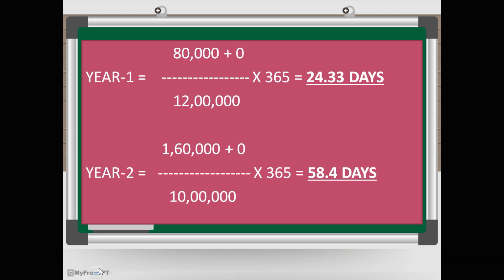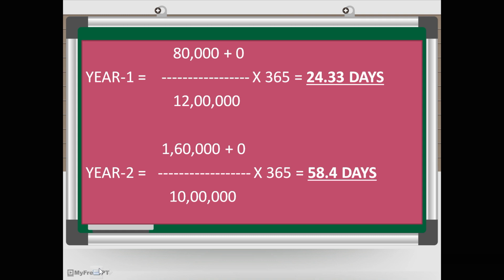So that means it is 80,000 only into 365 divided by the sales for the first year, 12 lakhs, and that gives us the ratio of 24.33 days.